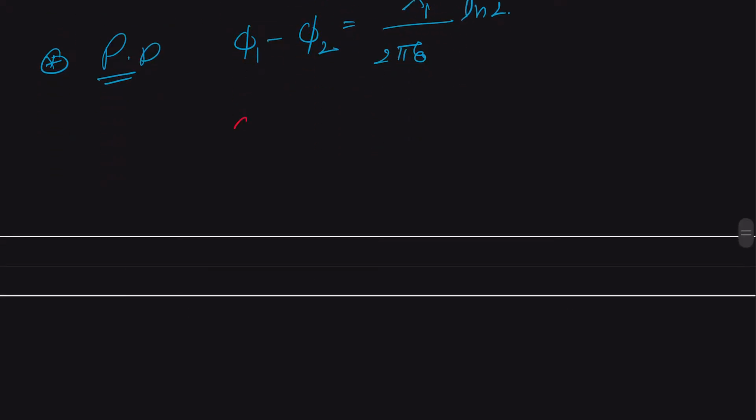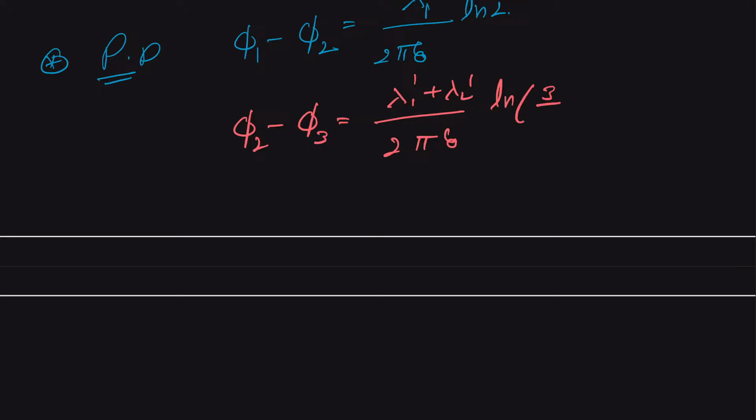Similarly, for capacitor B, the potential difference will be equal to lambda 1 prime plus lambda 2 prime over 2 pi epsilon naught times natural log of 3 by 2.